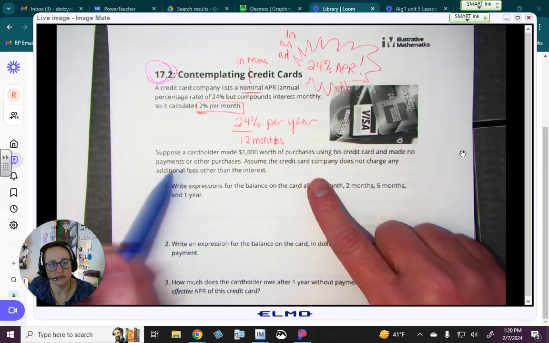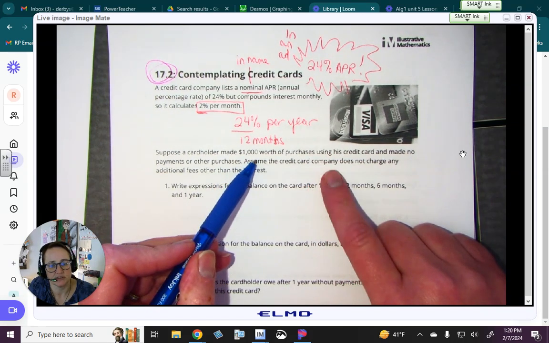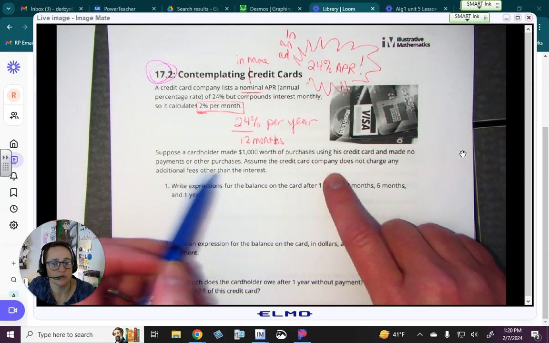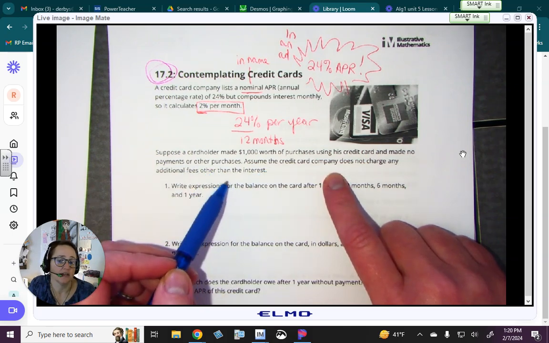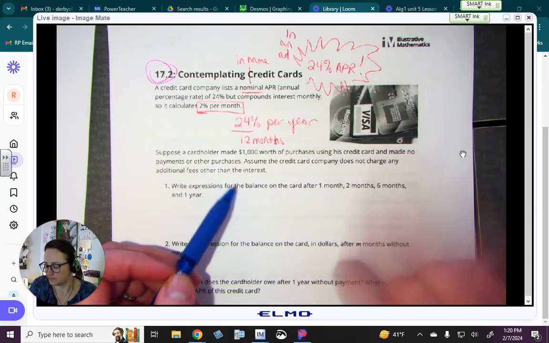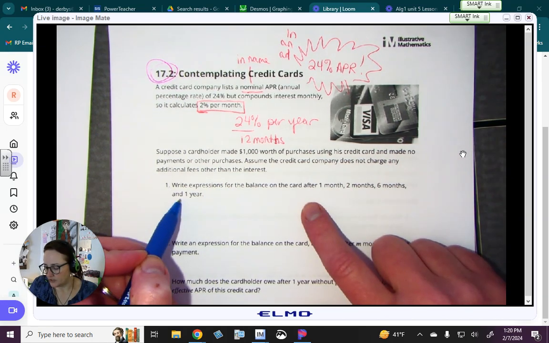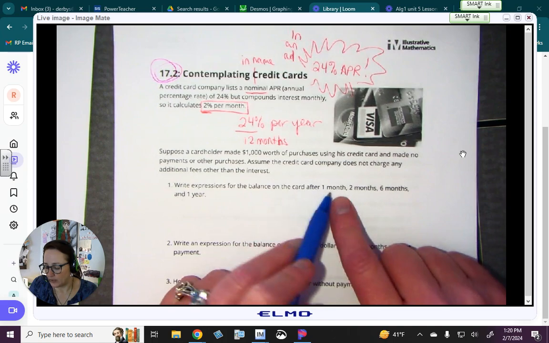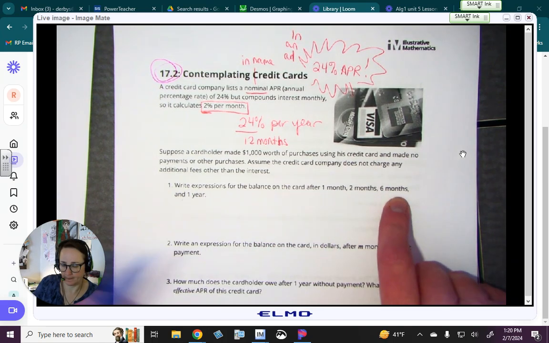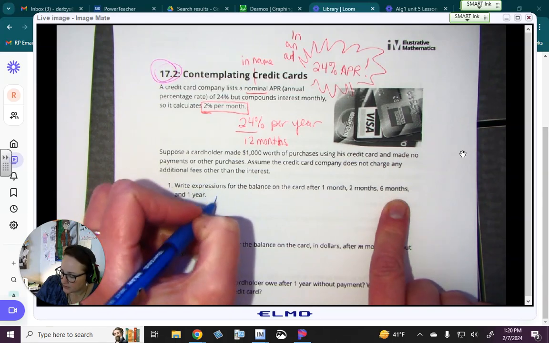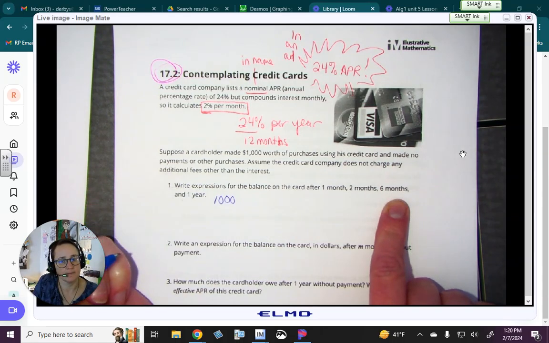Suppose a cardholder made $1,000 worth of purchases using his credit card and he made no payments or other purchases. Assume the credit card company does not charge any additional fees other than interest. Write an expression for the balance on the card after 1 month, 2 months, 6 months, and a year. So, starts off with $1,000.